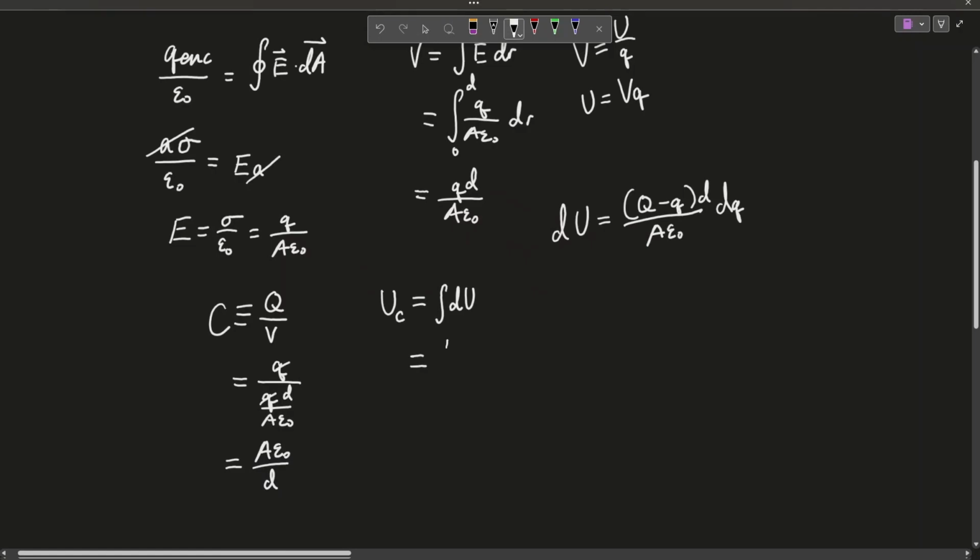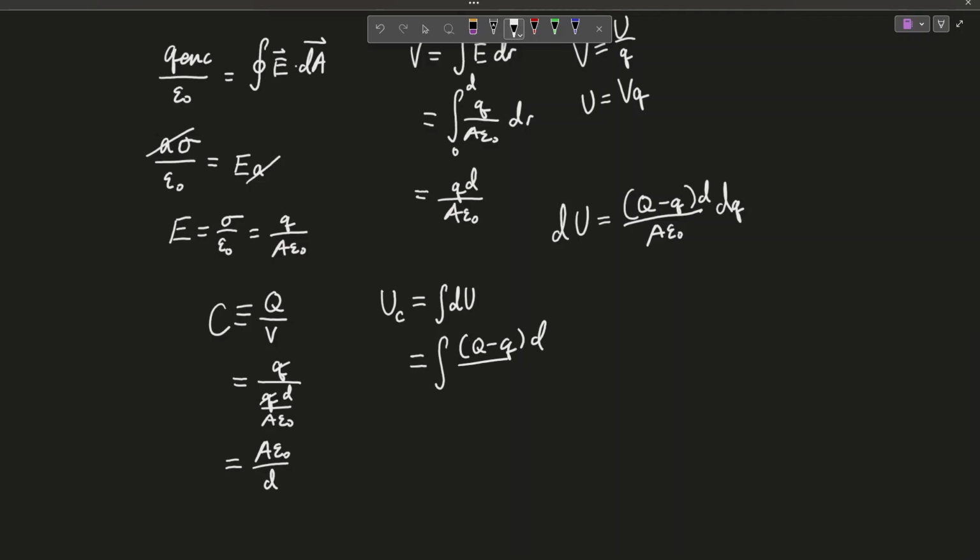So then this integral becomes this here: (Q minus little q) d over A epsilon naught dq. So then we'll insert our bounds of integration. We're going to let all of the charge across the gap in our little hypothetical experiment, so we'll go from 0 to big Q. And then we can fix up our integral a little bit: A epsilon naught times d minus qd over A epsilon naught, all dq.